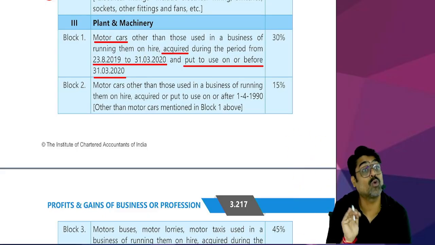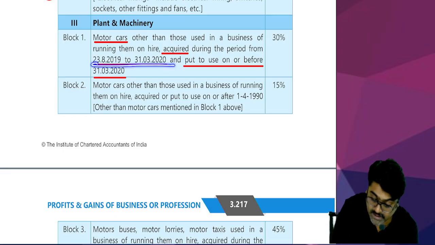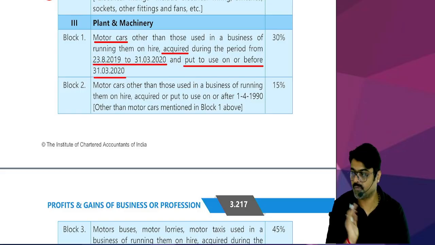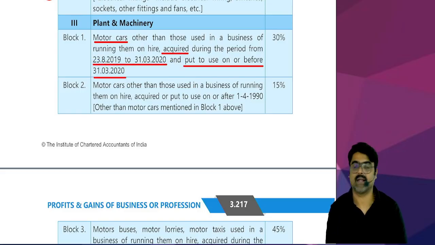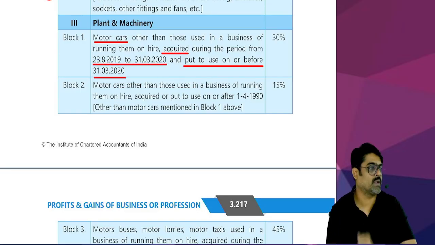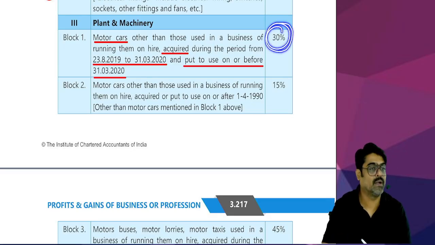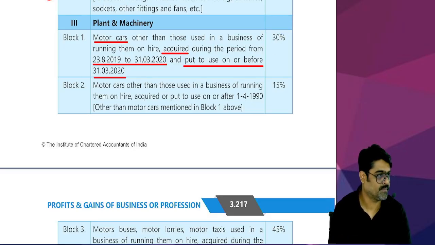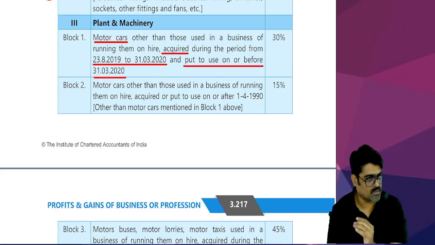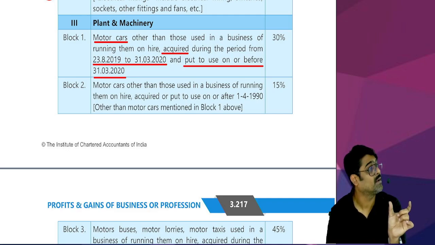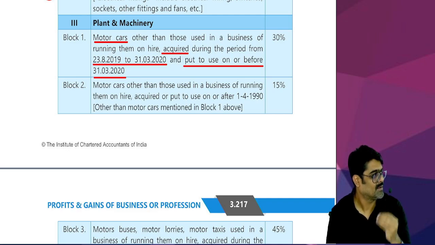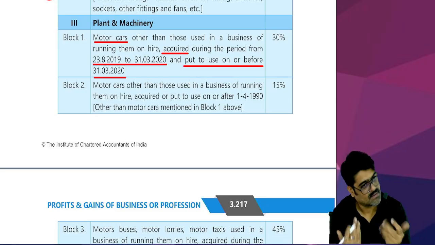But only those motor cars which are purchased during this period and put to use on or before 31st March 2020, on those motor cars the rate was doubled. It was 30%. Yes or no? Don't worry. After doing this, for motor cars, I'll prepare one chart. Go and read that chart, things will be done.